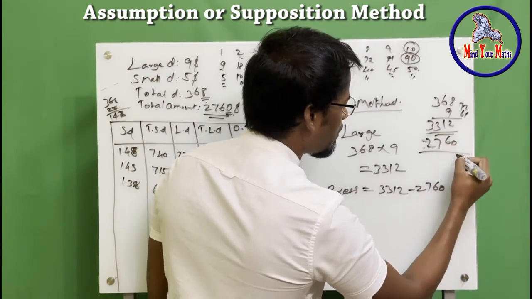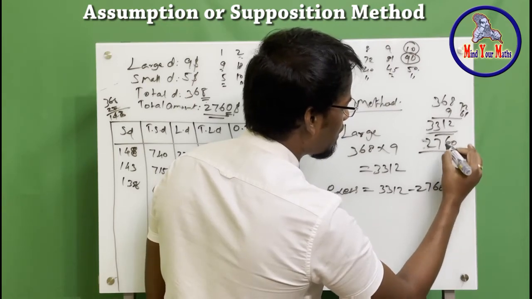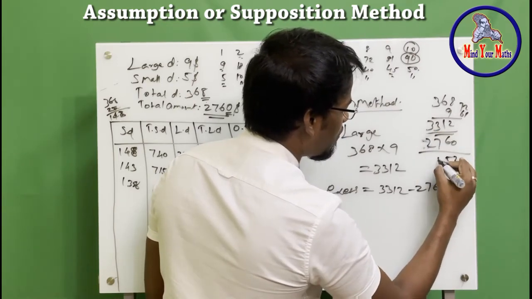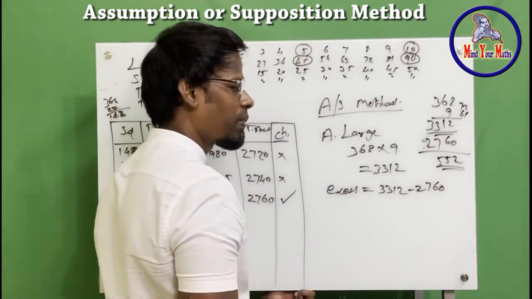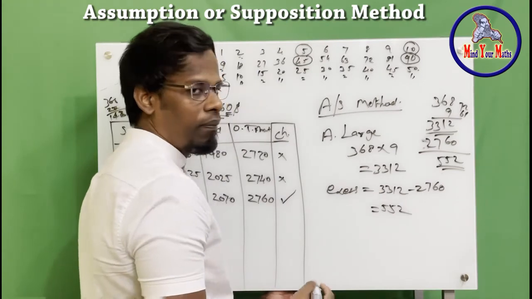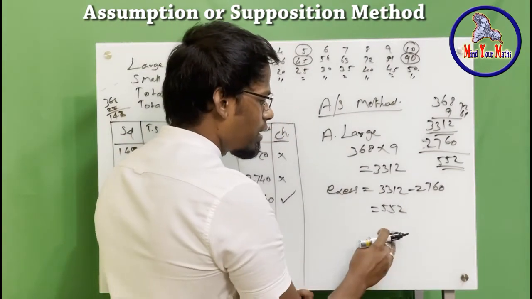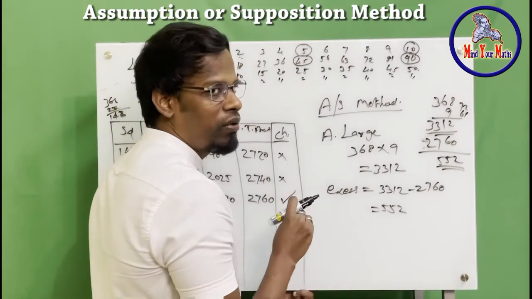If you subtract, you get 552. So $552 came as excess, and it came from the smaller durians.